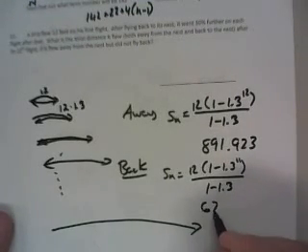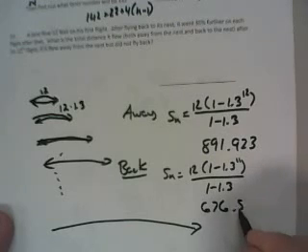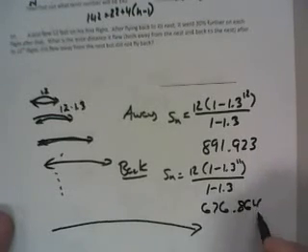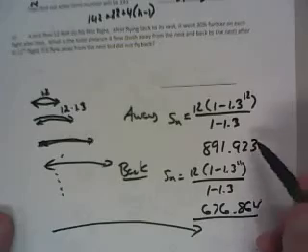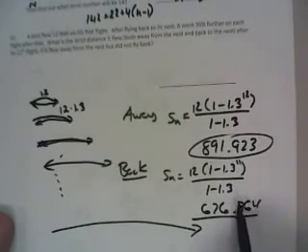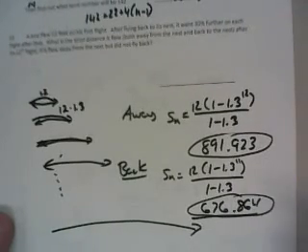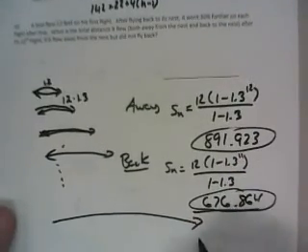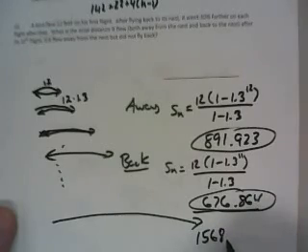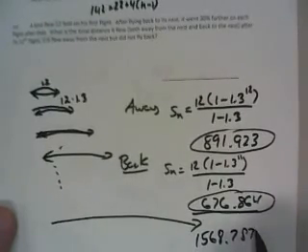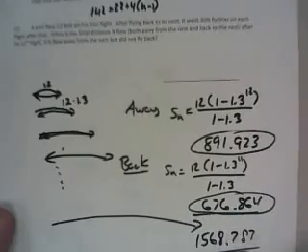And if we evaluate that, that's going to be 676 feet, 0.864. And if we add those two numbers together, the distance it flew going away from its nest and the distance it flew coming back to the nest, it is a total of 1,568.787 feet.